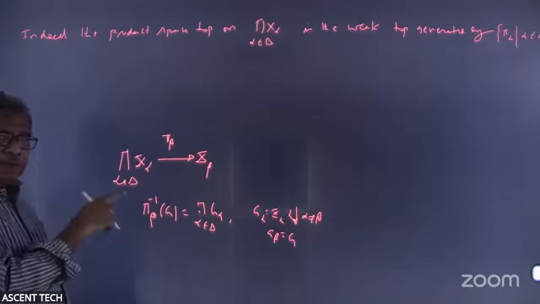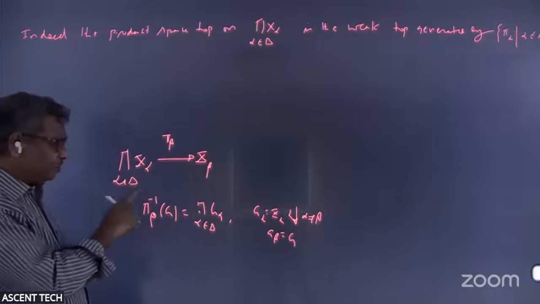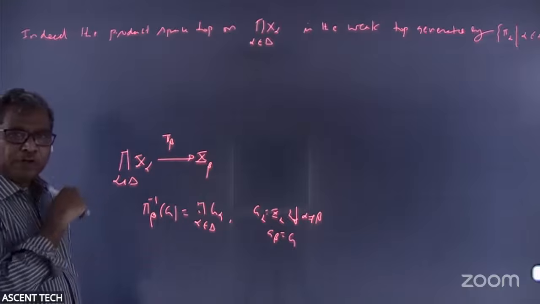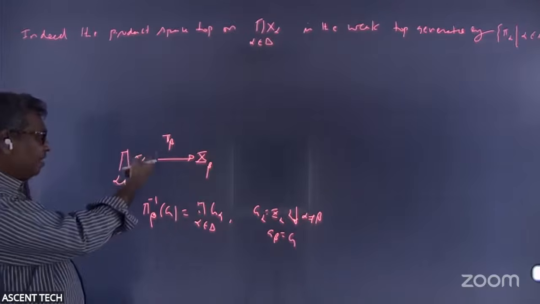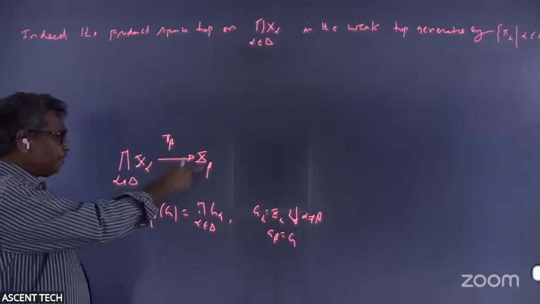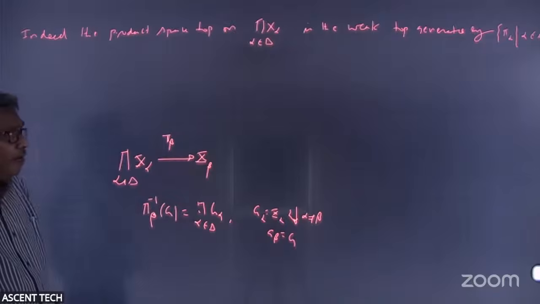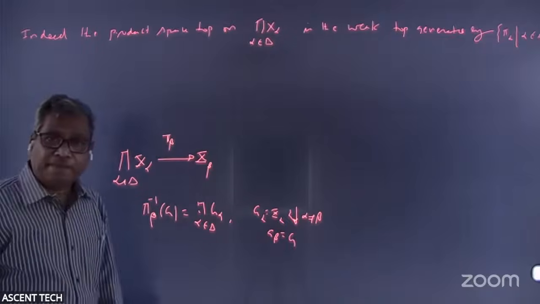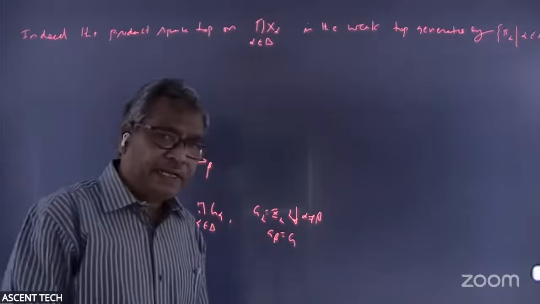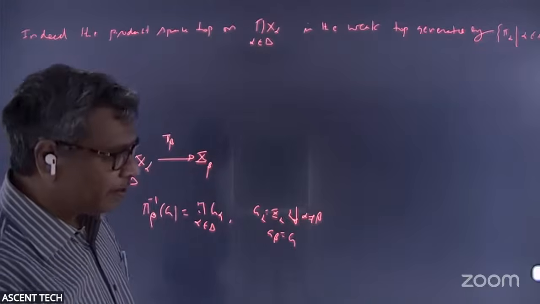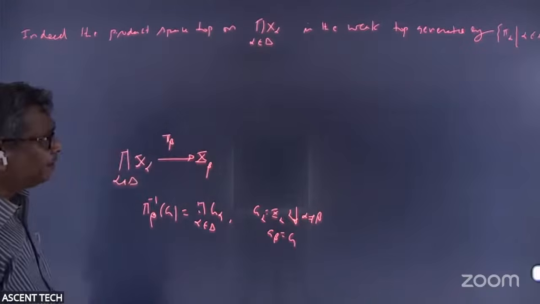So I think there is a minimal structure I need to give you the product topology. What is that minimal structure? The inverse image under pi beta of open sets in X beta. And therefore, that statement is clear. Can I say that or not? You can come back to me. Tell me.